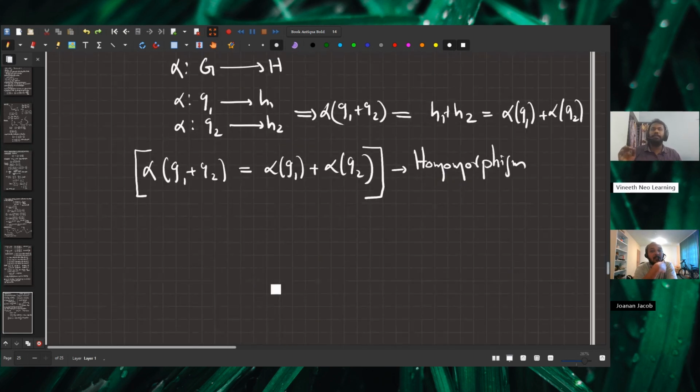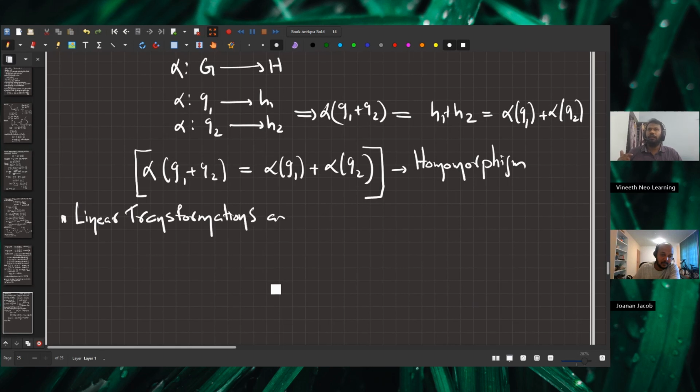Linear transformations are vector space homomorphisms.